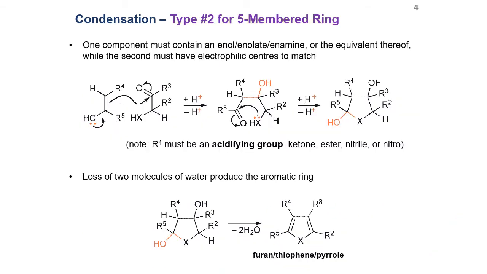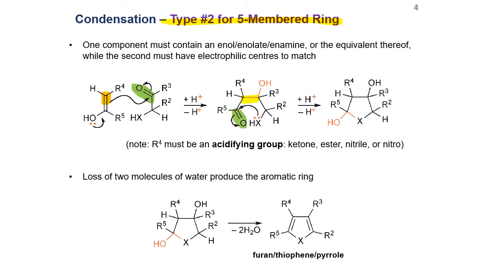For the type 2 synthesis of 5-membered rings, you have many possibilities to synthesize this because there are so many carbon-carbon bonds that you can form. But one of the possible ways is to use the beta carbon of an enol as a nucleophile to attack the carbonyl group of another molecule, and you are going to form a new carbon-carbon bond, and after that you get the carbonyl group.